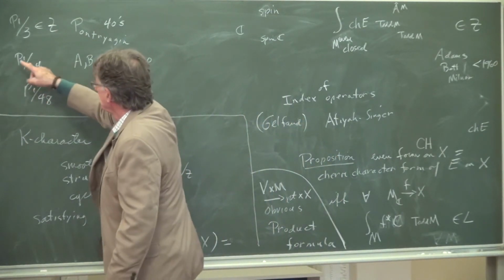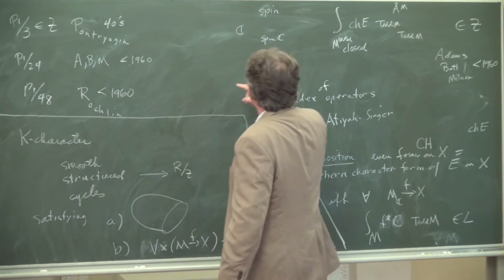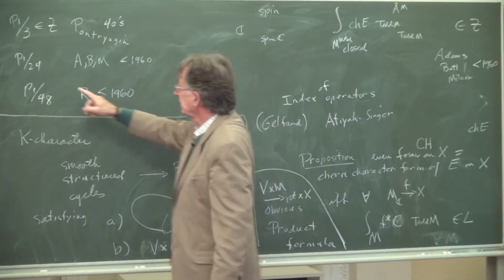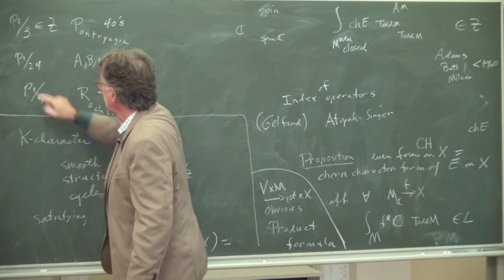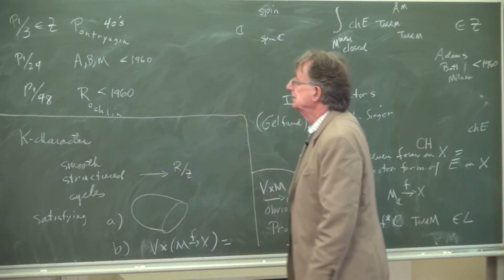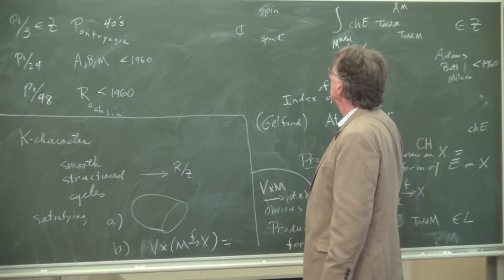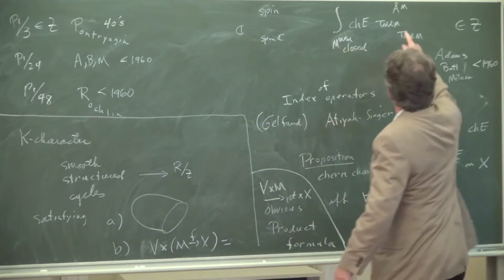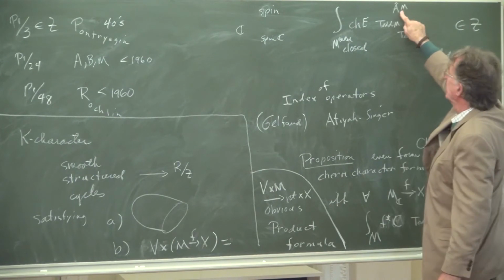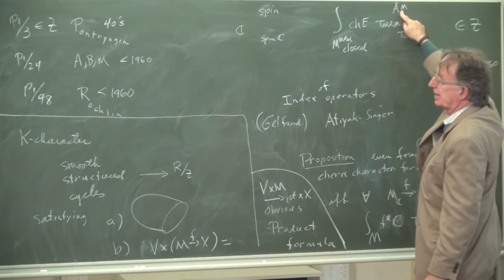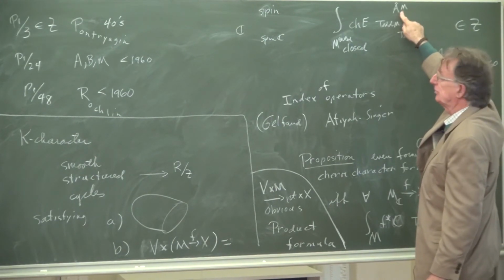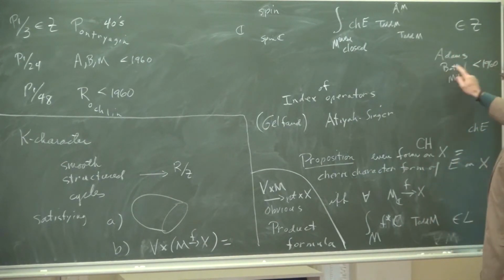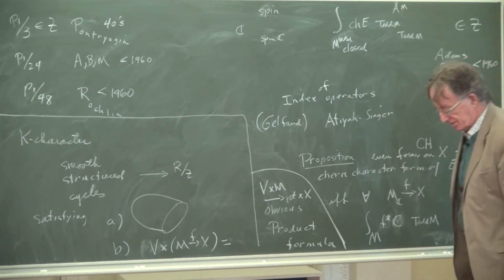If the manifold is spin, then actually for a 4-manifold, P1 over 24 is an integer. And there's a generalization to higher dimensional manifolds using the A hat genus, and this is always an integer. The topologists found this out.